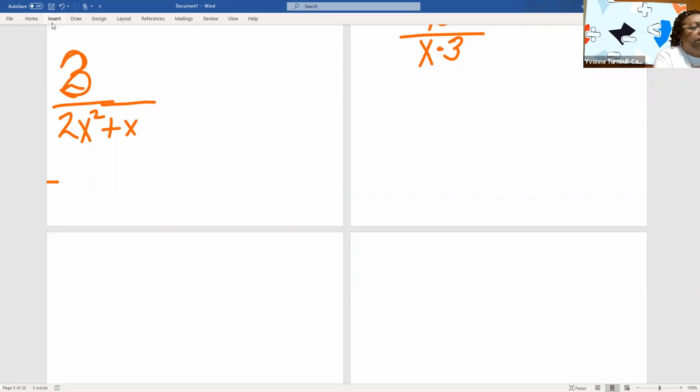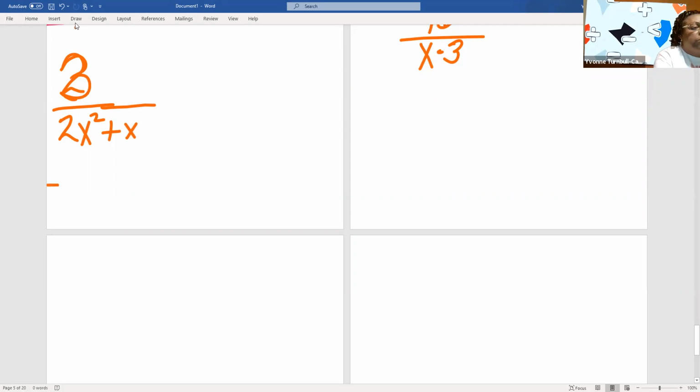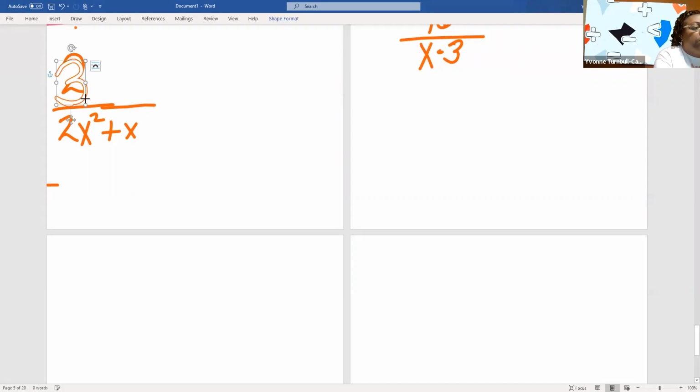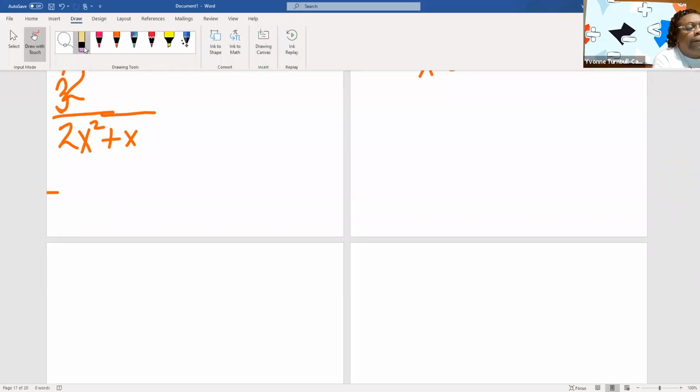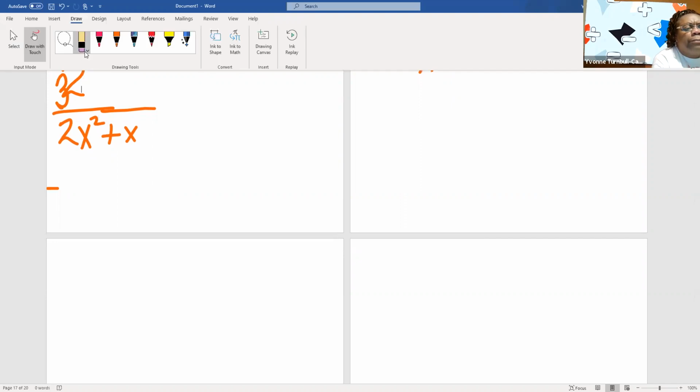Oh, your eyes tend to wander. What's wrong with my eraser? Not cooperating with this Campbell.